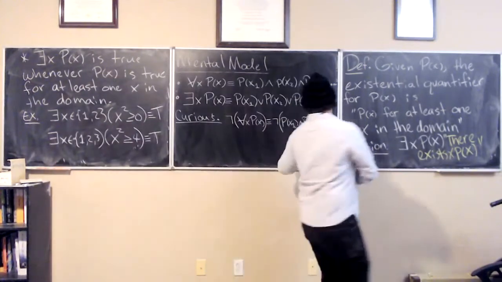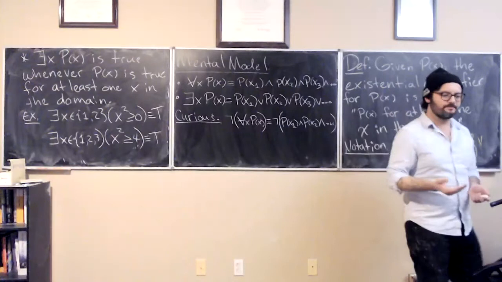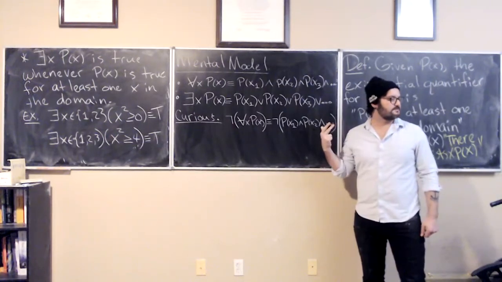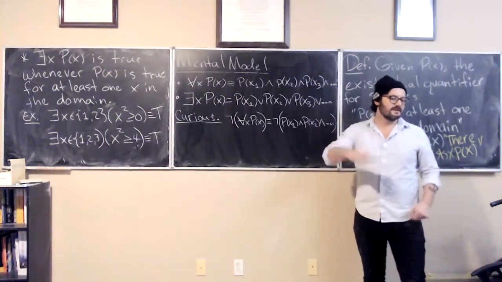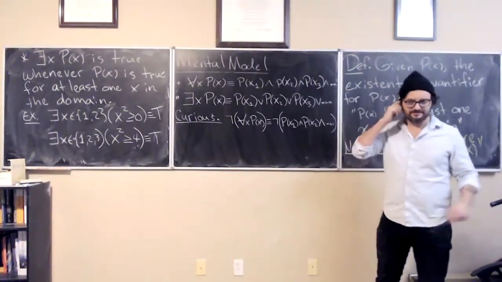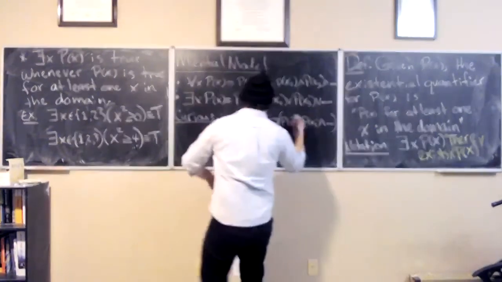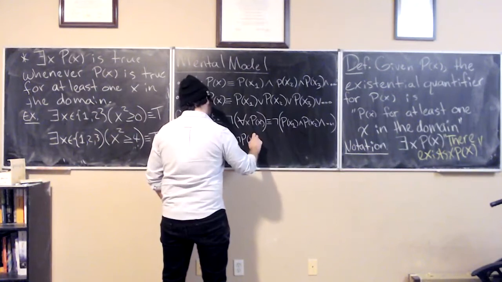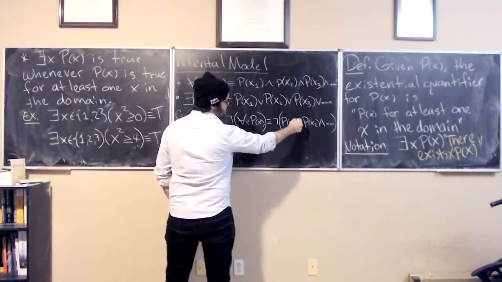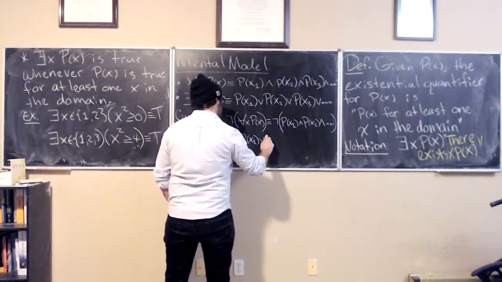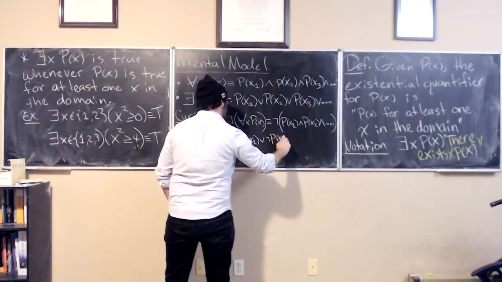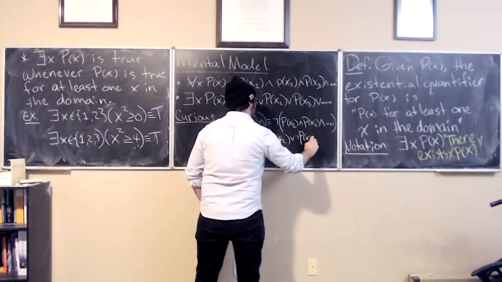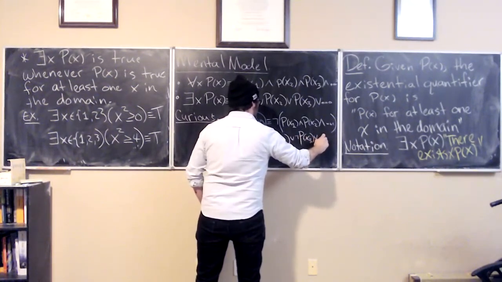On the right-hand side here, I see the negation of conjunctions. The negation of the conjunction is the disjunction of the negation of each proposition, by De Morgan's, exactly. I'm glad that you said that. So this is going to be logically equivalent to not P evaluated at x1, and then that and is going to become an or, and then not P of x2, or not P of x3, and so forth and so on, for every single element in the domain.